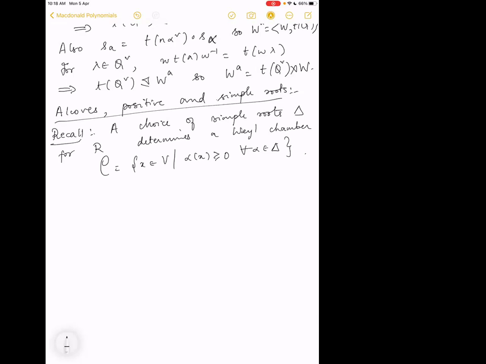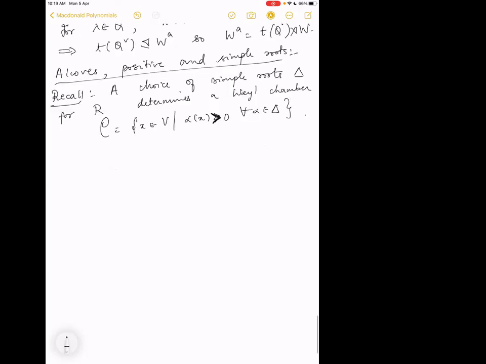Sorry, I should say the closure of the Weyl chamber is this, and W is generated by reflections through the walls of C, right?